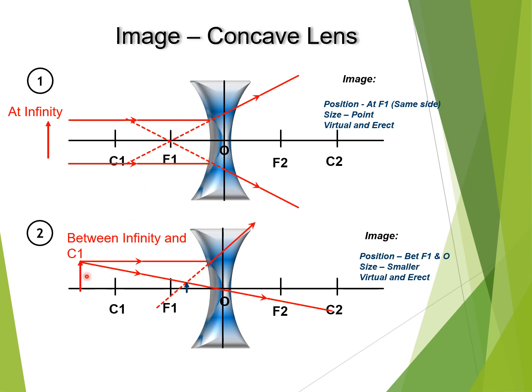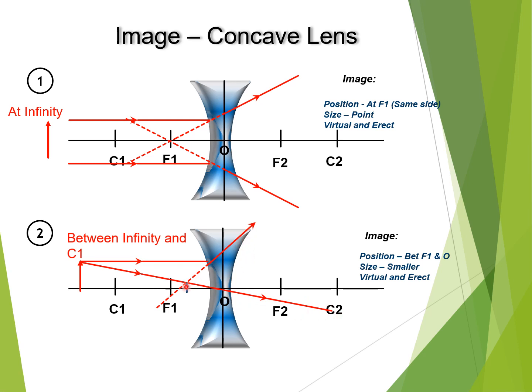The second position is if the object is between infinity and optical center. In this case, again, one ray is parallel to the principal axis. It is hitting the concave lens and getting diverged. If we extend it behind, then of course you can see it is like this. Then second ray is going through the optical center without any deviation.